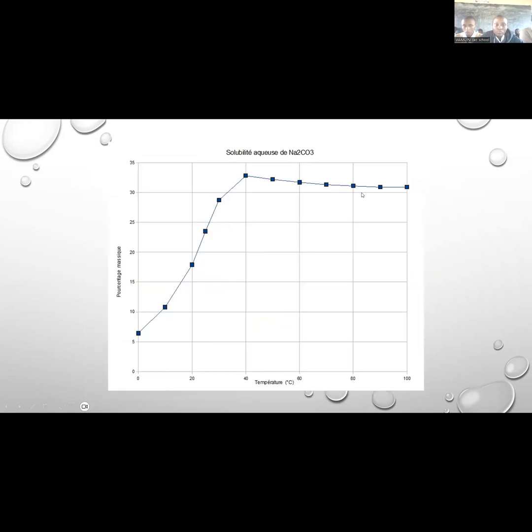And then finally, sodium carbonate. I found this from a French site, which is quite interesting. It does the same sort of thing as potassium chlorate, but starts a little bit lower and then drops again. So I'll show you what those look like on a graph.